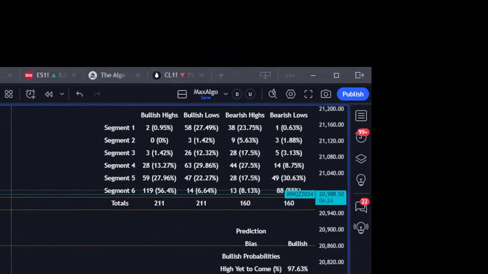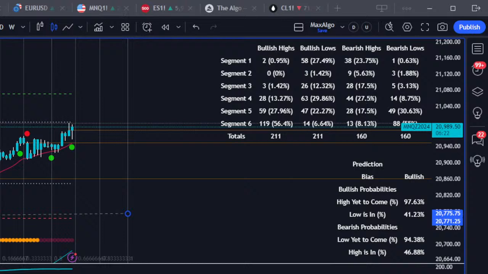Apologies guys, let me just change the screen. That's better. So we've got a 41% probability. So if we're bullish, let's look at our bullish probabilities, right? We've got a 41% probability that our low is in.